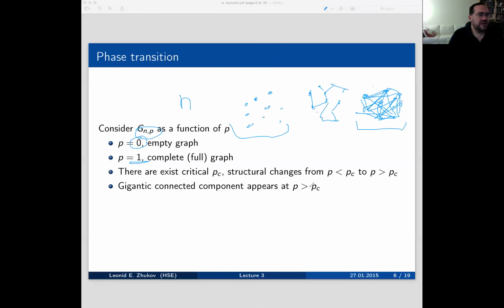So there must be some sort of transition period when you go from P equals 0 to P equals 1, where all the nodes become connected. Which means there should be a critical P when the structural changes start happening. In fact, the structural change is a phase transition.